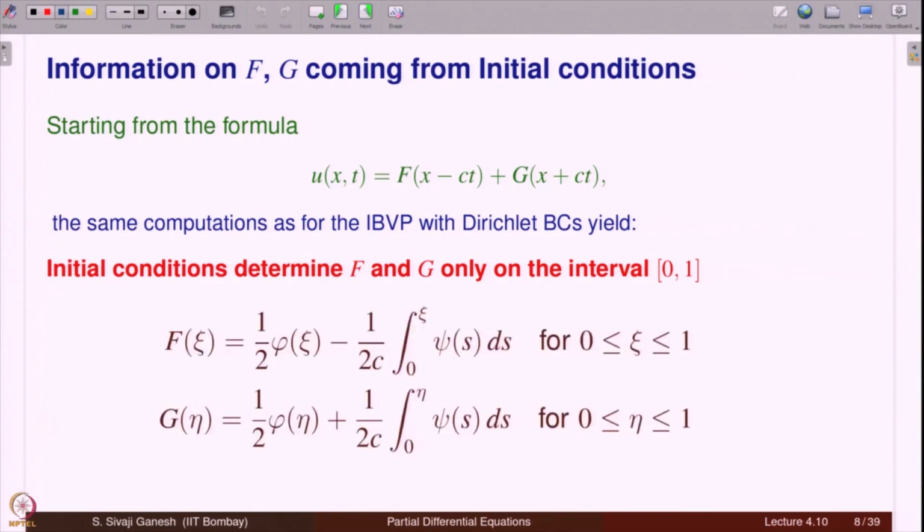I am not doing this computation because we have done this already twice. First of all, we have done it in deriving the D'Alembert formula for the Cauchy problem on R. Secondly, we have done it in lecture 4.9 where we solved the IBVP with Dirichlet boundary conditions. So, exactly the same thing, you get the same expressions for f and g. Remember the validity, it is valid for xi between 0 and 1 and here eta between 0 and 1.